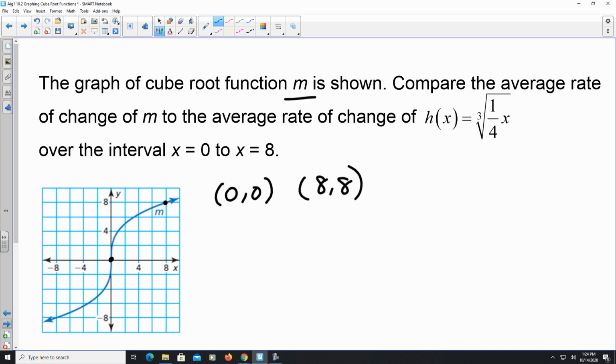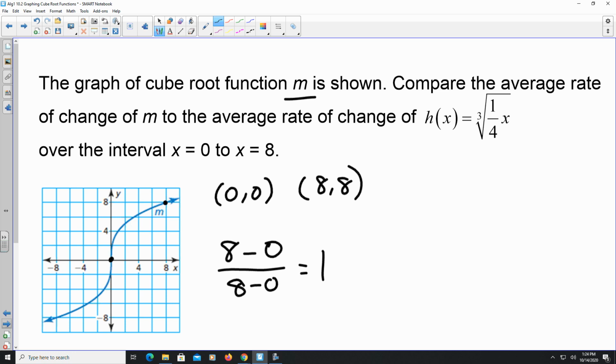In this case, you take your 8 and subtract 0, divided by the same thing, 8 minus 0, which is going to be equal to 1.